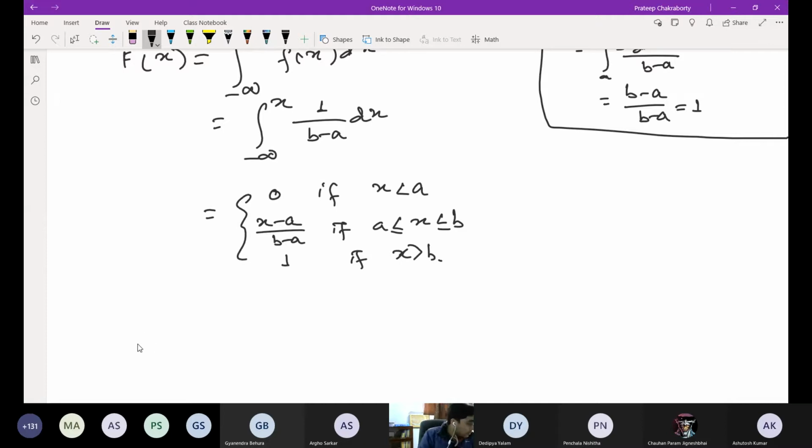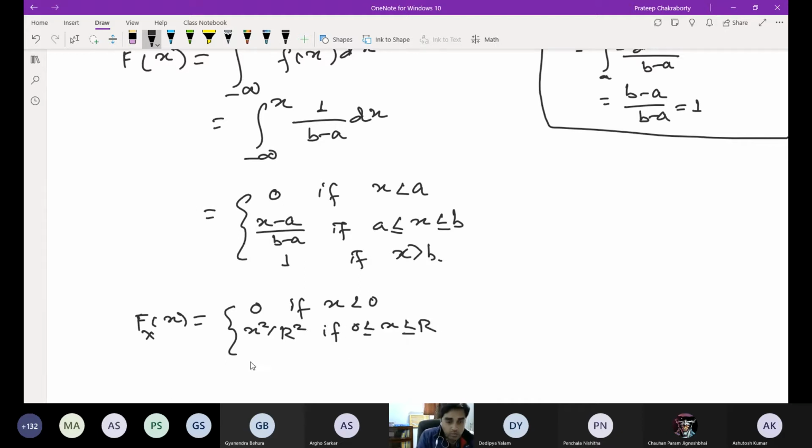F(x) is equal to 0 if x is less than 0, x squared by r squared if 0 is less than or equal to x less than or equal to r, and 1 otherwise. So is this a distribution function which comes from a uniform density function?